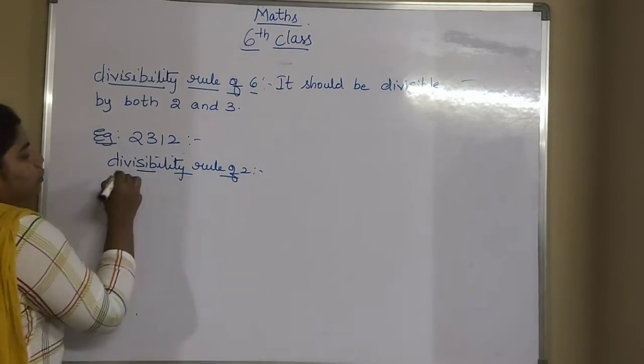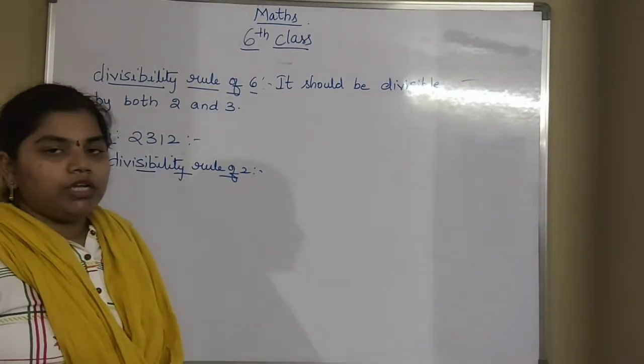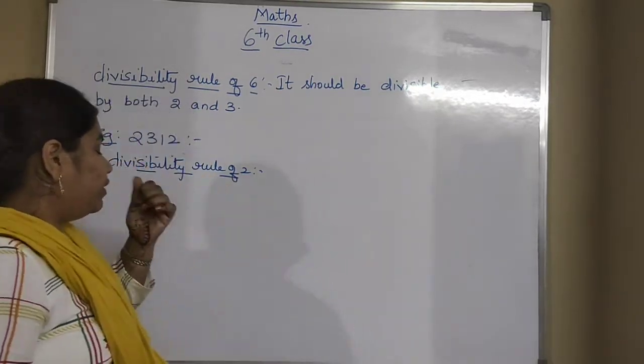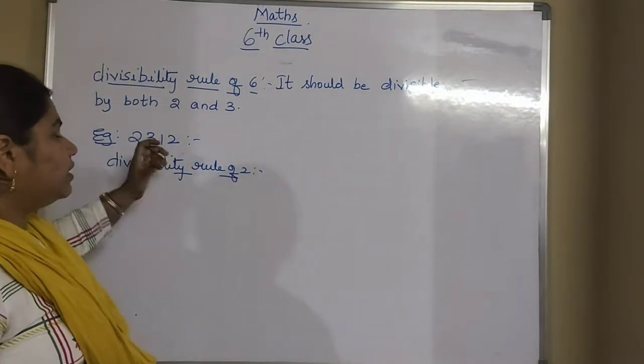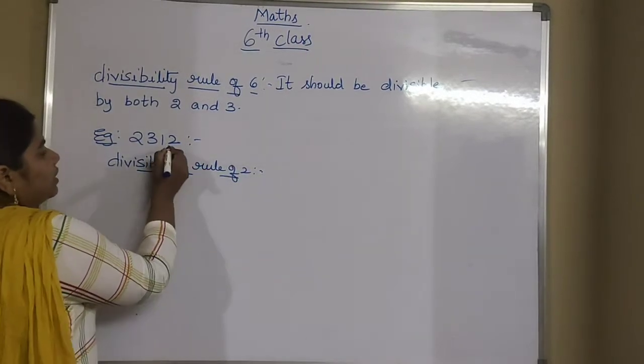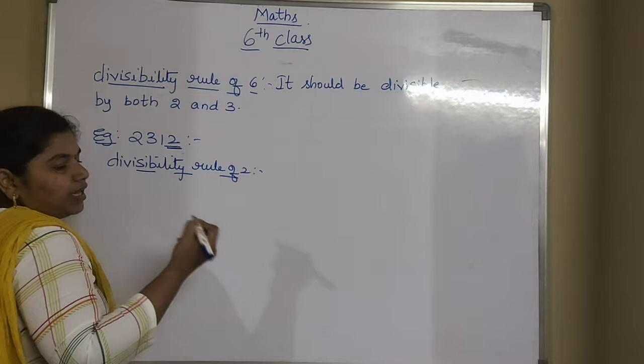Divisibility rule of 2. What is divisibility rule of 2? The last digit should be an even number. So if the last digit is an even number, that means the whole number will be divisible by 2. So what is that number here? 2. 2 is an even number.